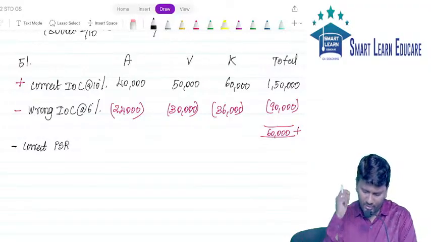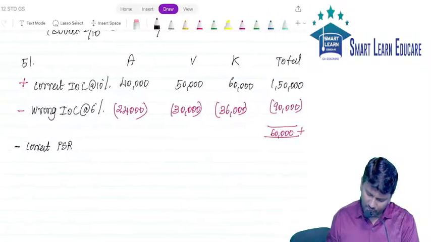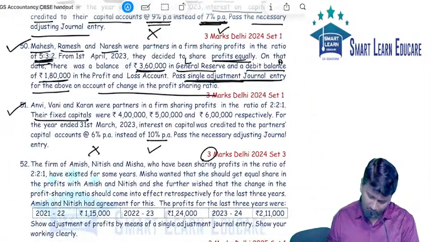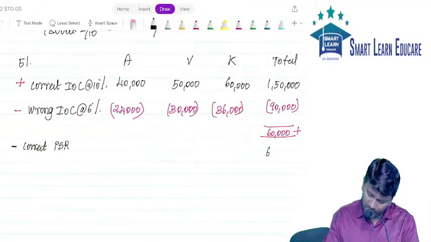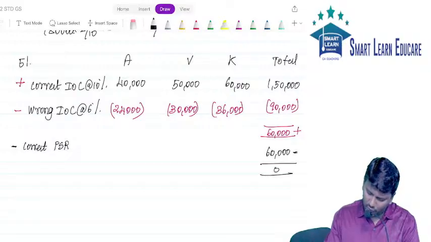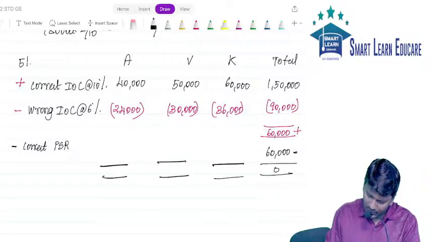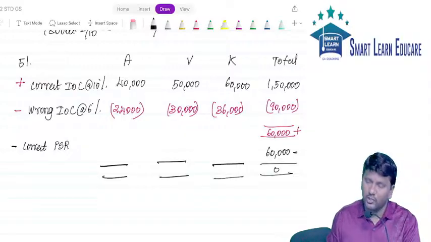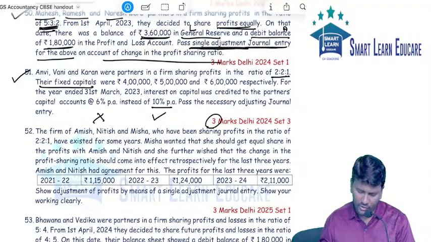The correct PSR, so this 60,000 would have been shared in the PSR. How is the profit sharing ratio given? 2:2:1. So this should be subtracted, and finally your answer should be 0. Let's see how it becomes 0. It is 60 plus, so in what ratio should you share the 60? What is the profit sharing ratio? It is 2:2:1.